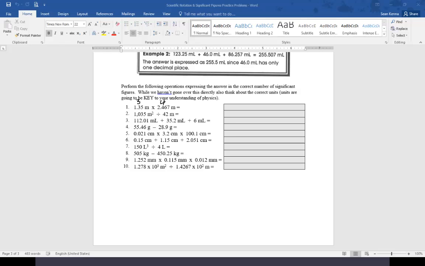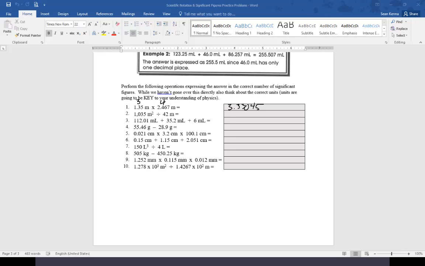So if you do the actual math, we do 1.35 times 2.467. The answer ends up being 3.33045. Okay, so let's start by including that here. 3.33045. Well, this is done just doing the math, what you would get from a calculator. This is not significant figures.